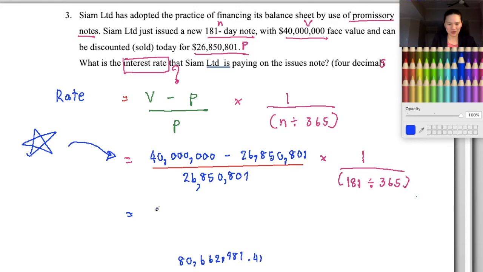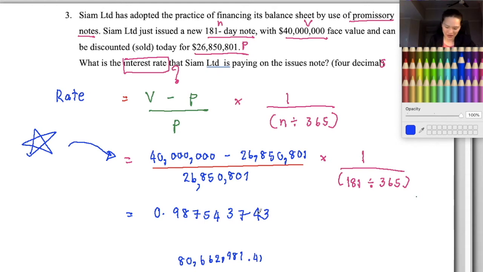Alright, I get this number 0.987543. I'm going to double check. I'm going to paste this one, what I get. No. I'm going to double check again that it's correct or not.